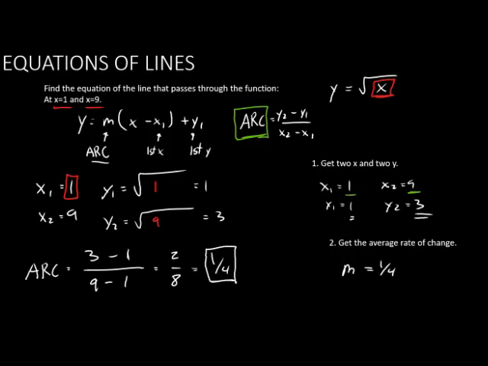Now that I have my m, I can use my equation of the line and fill in the m in the first position. I can fill in the x1 and the y1 in the other positions. I've boxed in the x1 and y1 in red, and we will place them where I've put the red underlines in the equation. I'll go to a new page to do that.